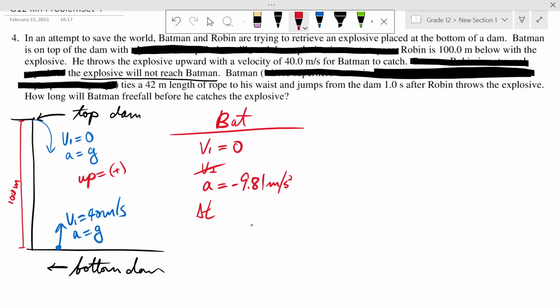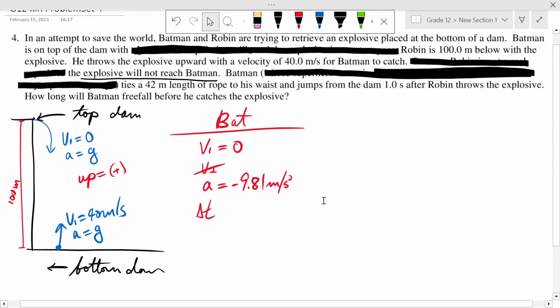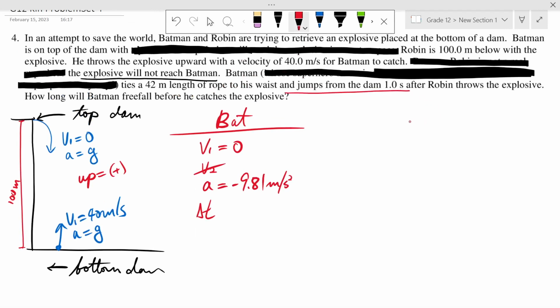Then delta t. There is only one delta t, but since he ties the rope around his waist and jumps 1.0 seconds after he throws the explosive up, the time for Batman will equal the time of the TNT explosive plus 1. And there's also this variable of dB, which is not important at all, but we'll get into it in a bit.